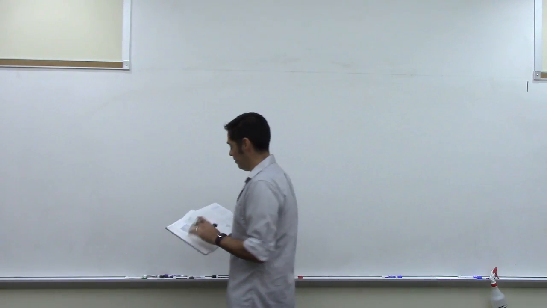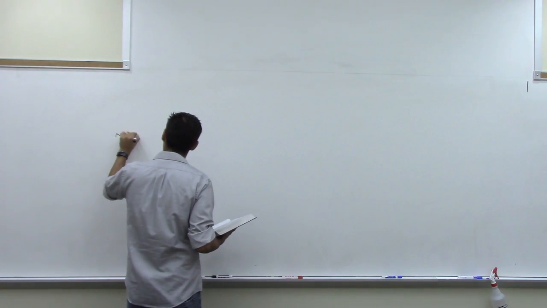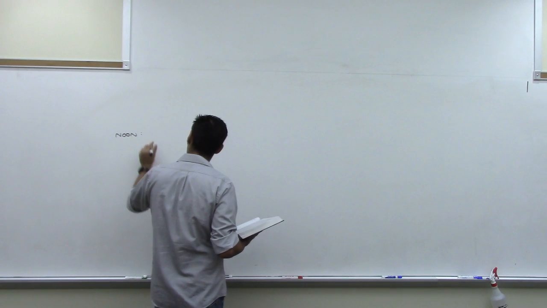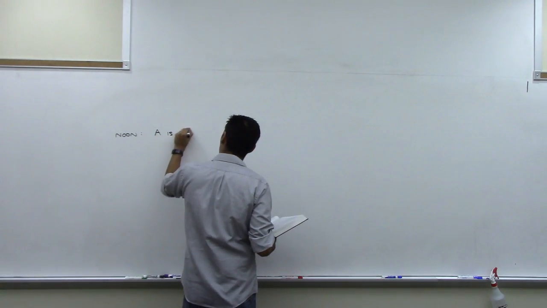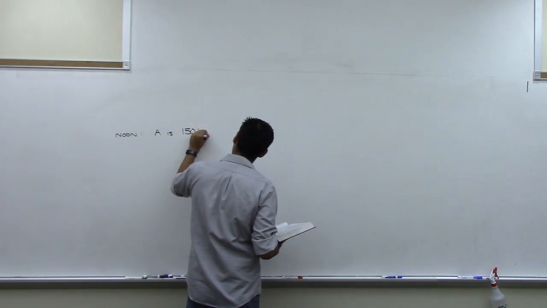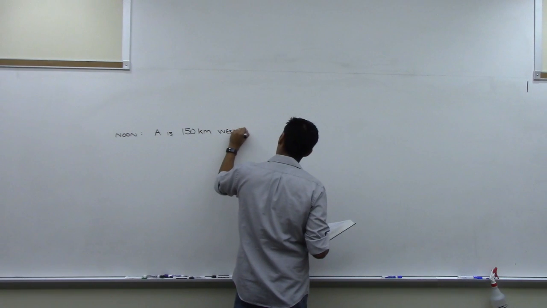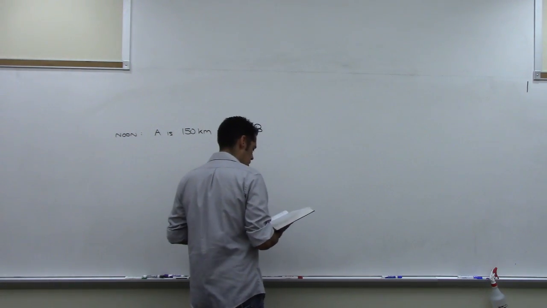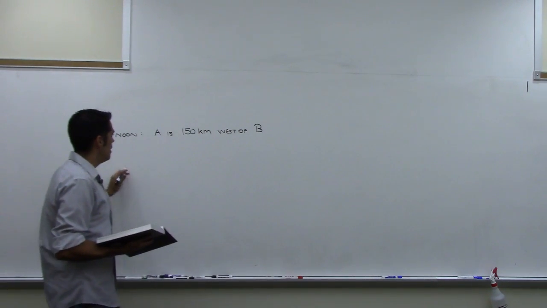It's very strange. At noon, I'm just going to start writing things down. At noon, ship A is 150 kilometers west of ship B. I'm going to just put B. Ship A is, okay, let me just draw this situation right here.